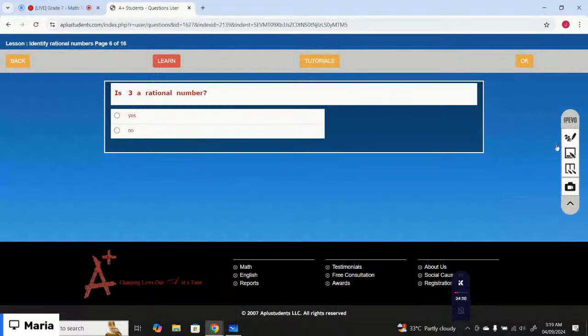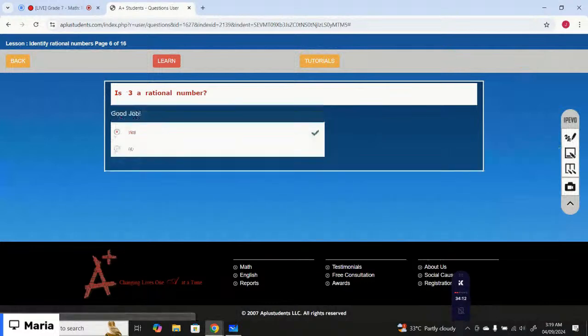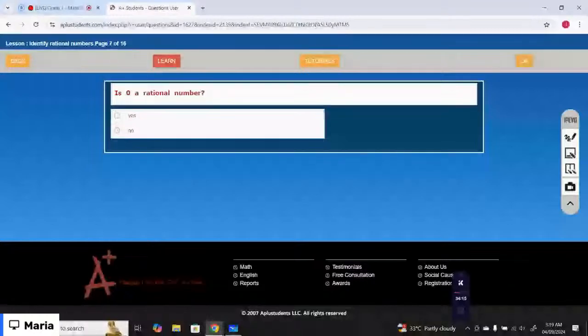The correct option is yes, it is a rational number, right? So any number that you can write in the form a by b is a rational number, right?